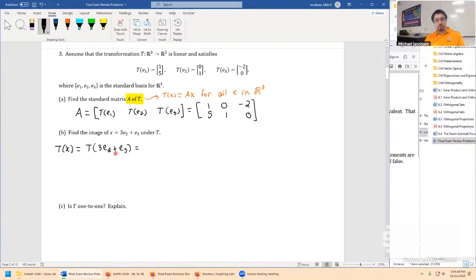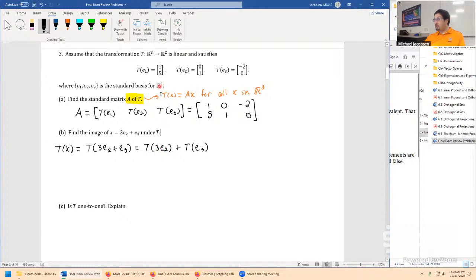But now you can undo the vector addition, or better said, not exactly undoing it, but instead of doing it in the domain, we can do the vector addition here in the codomain R2. Likewise, the scalar multiplication happens in the domain R3, but you don't have to do it there.